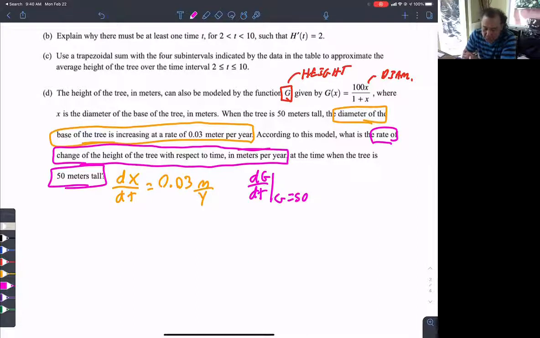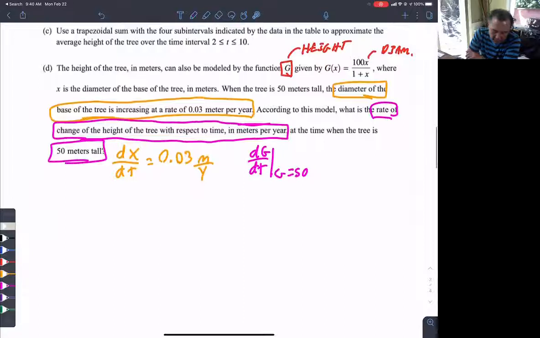Okay, so we need a function with X and G in it. Right there. There's our function with X and G. So we can use that to get our related rates.